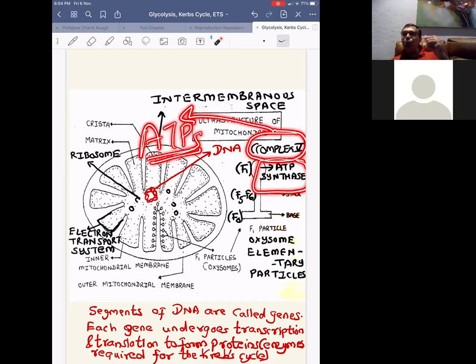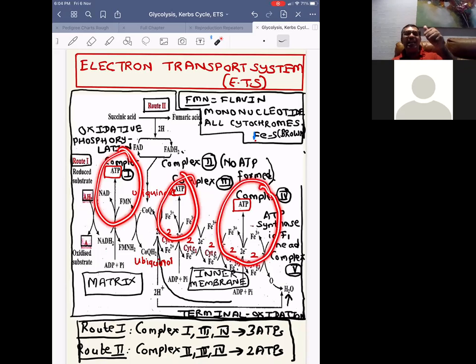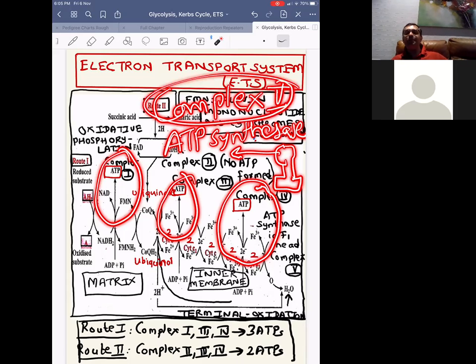So in complexes 1, 3 and 4 that we did here, ATP is not actually formed. ATP is actually formed in the head of the F1 particle with the help of ATP synthase enzyme, called complex 5, and all the ATPs are formed by complex 5.